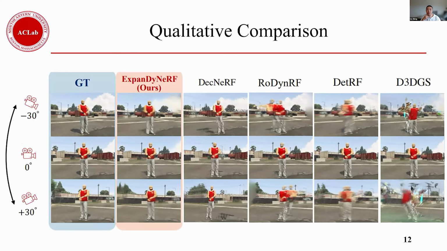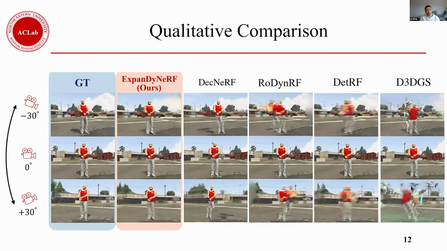This is a qualitative comparison against other methods, on both synthetic data and real data. This is on our datasets. The novel view rendering quality of our method has clear structure, particularly in maintaining the shape and color stability of the dynamic object.